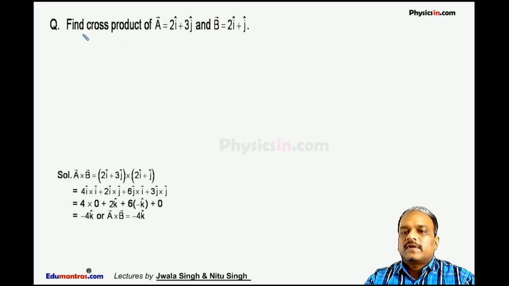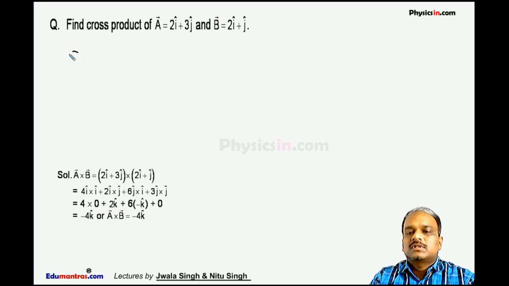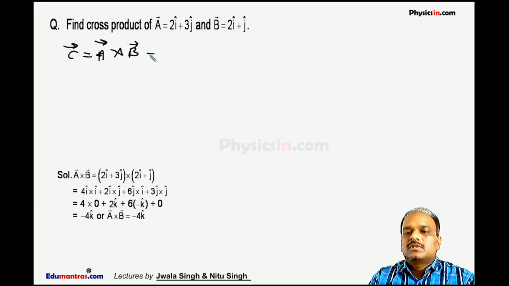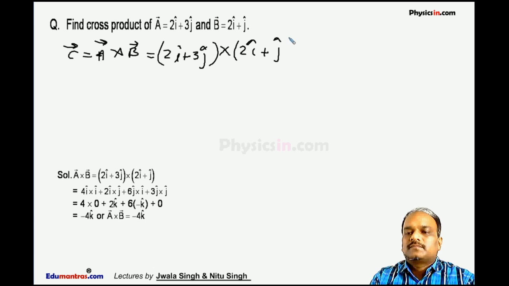Now the question is, find the cross product of A, 2I cap plus 3J cap, and B, 2I cap plus J cap. So suppose this is vector C, which is equal to vector A cross vector B. So this is equal to 2 I cap plus 3 J cap cross 2 I cap plus J cap.